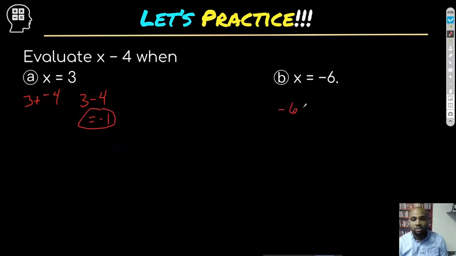Negative 6 minus 4. If I put it into this expression here, that's the same thing as negative 6 plus negative 4. So I lost $6 and lost another $4. I lost $10. I lost negative $10. So that's how you work that one.